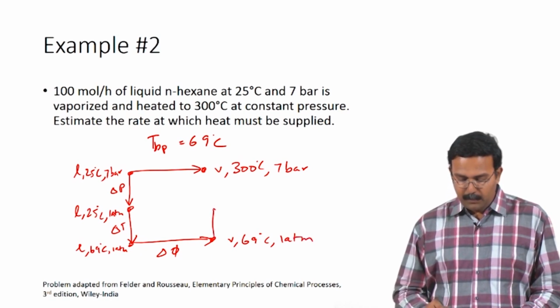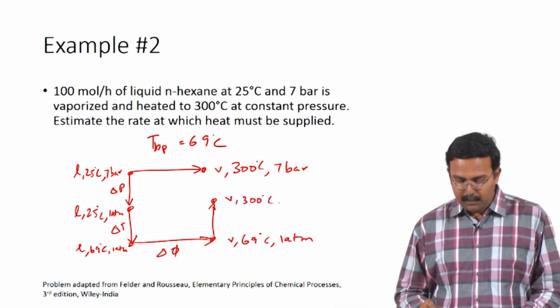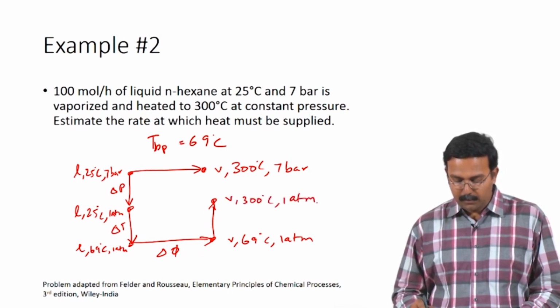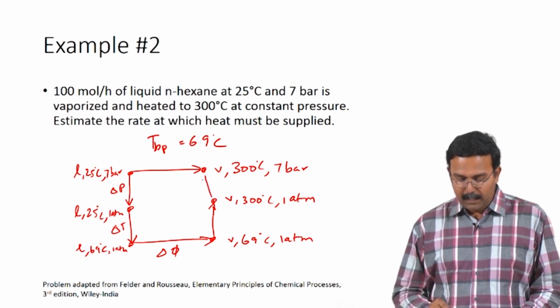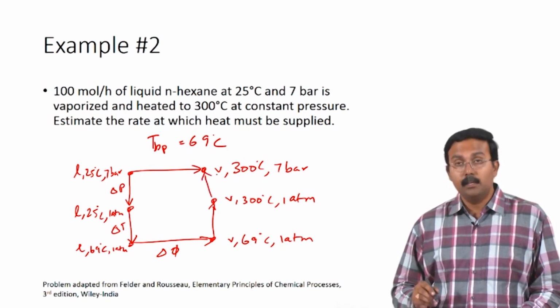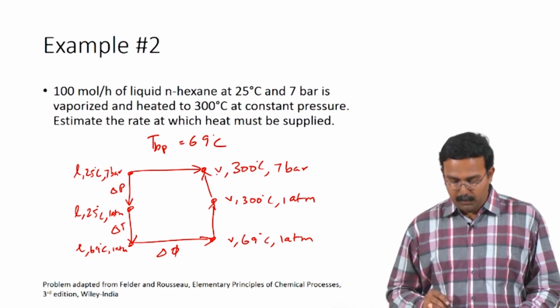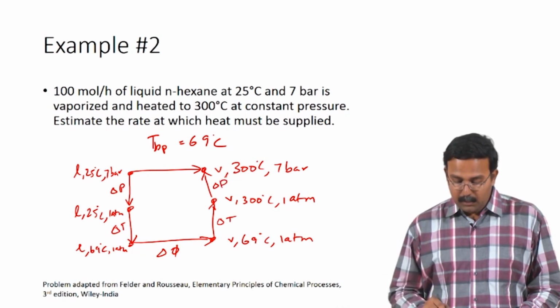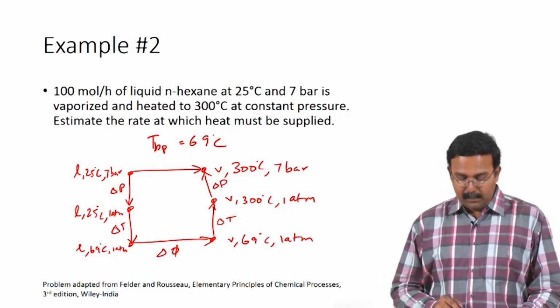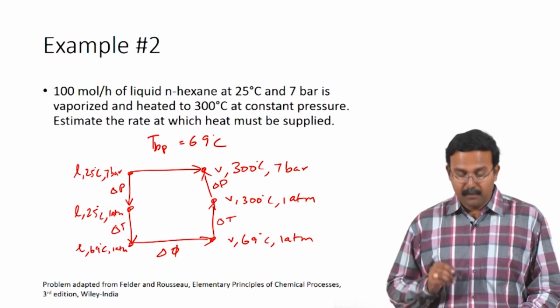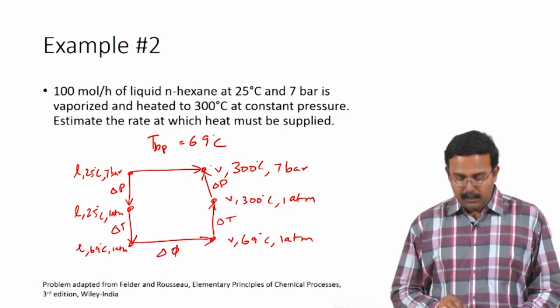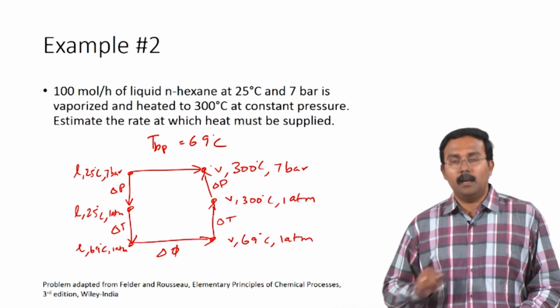From here we can heat it to vapor at 300 degrees Celsius and 1 atmosphere, and the last step of the hypothetical path is to change the pressure from 1 atmosphere to 7 bar, sorry, 7 bar actually. So, this hypothetical path has 5 steps instead of the single step which is the real path.